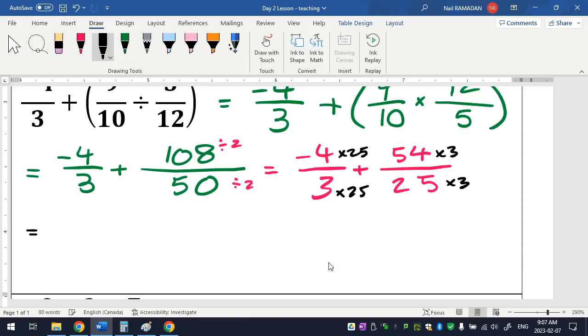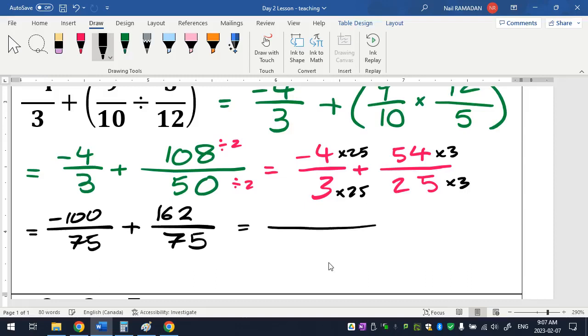Okay, what's 4 times 25? What's 4 quarters? A dollar, 100. So negative 100 divided by 75 plus 54 times 3, 162 divided by 75, because that's what I want.